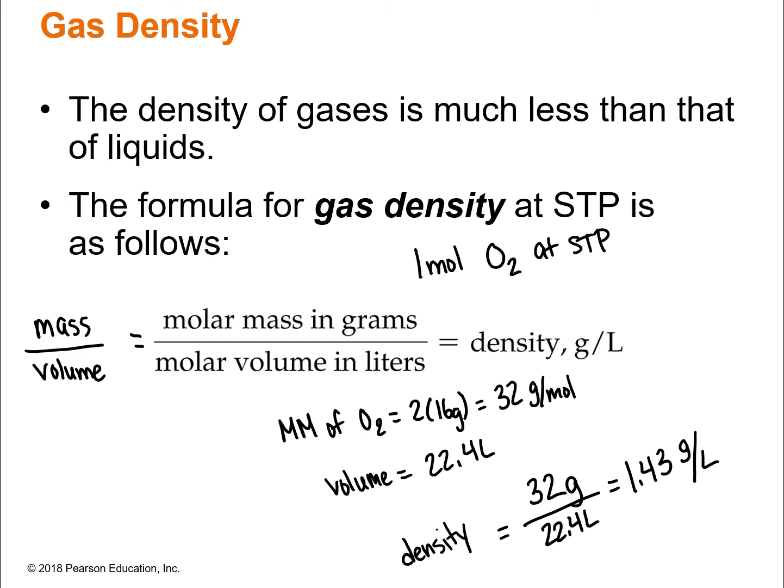And to repeat the second way, you have to have the molar mass of your gas, which you can figure out from the periodic table. And then you know the molar volume in liters. 1 mole of any gas has a volume of 22.4 liters.